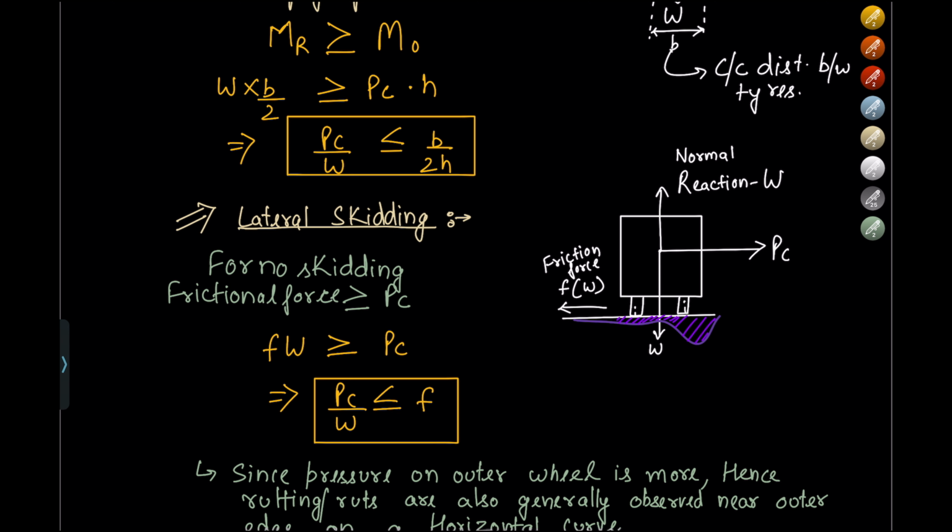On lateral skidding, it is analyzed as the vehicle trying to go outwards. Here the road is in this direction, and the vehicle is, let me show it.